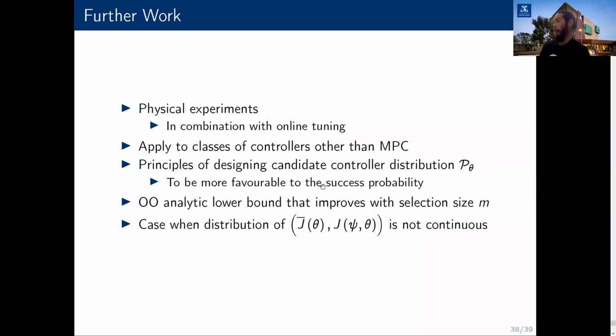What definitely feels intuitive is that you want to choose your nominal plant to resemble the actual plant as closely as possible in some sense, so maybe the expectation taken over your actual plant.